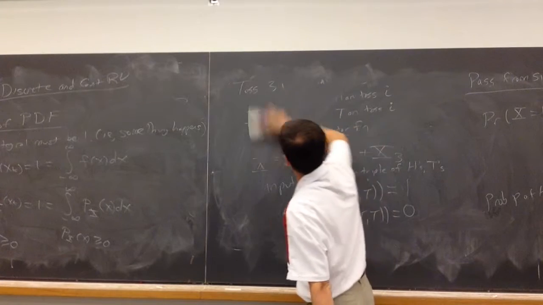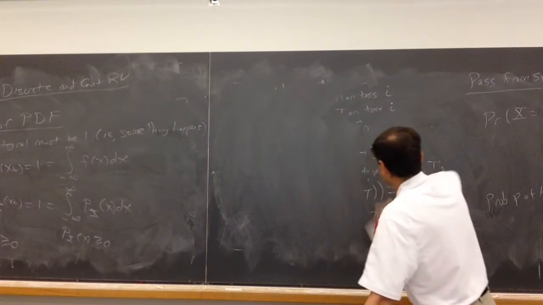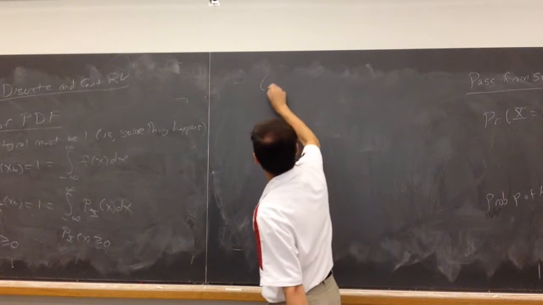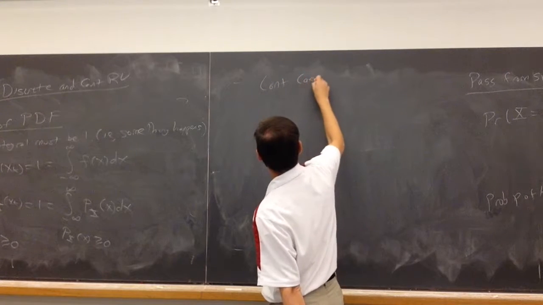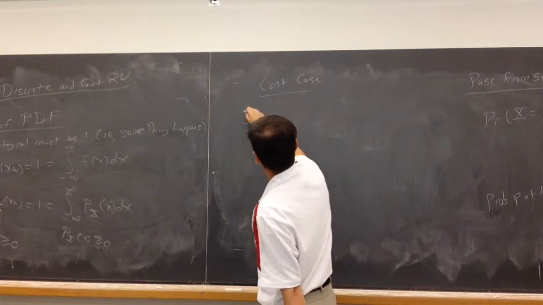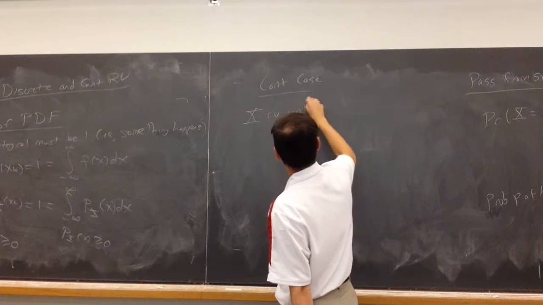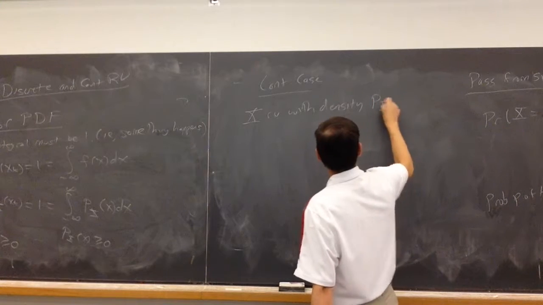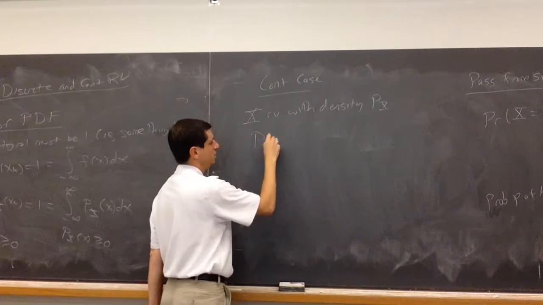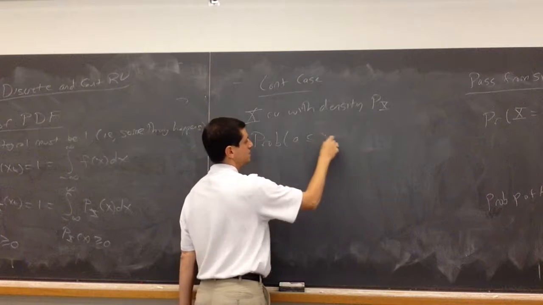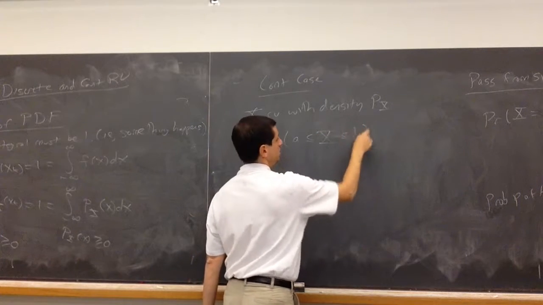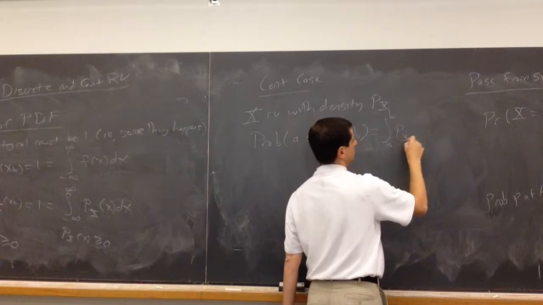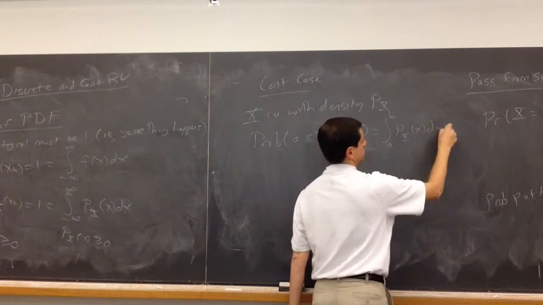So another way of looking at what's going on in the continuous case: x is a random variable with density p of x. Then the probability that a is less than or equal to x is less than or equal to b is just the integral from a to b of the density dx.